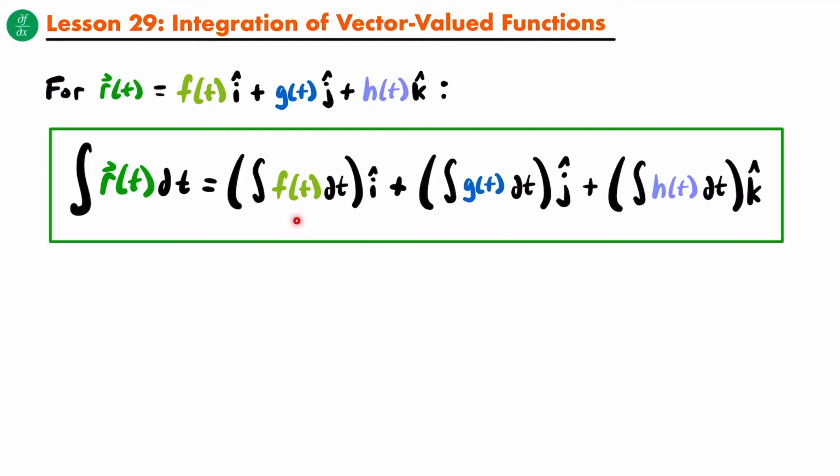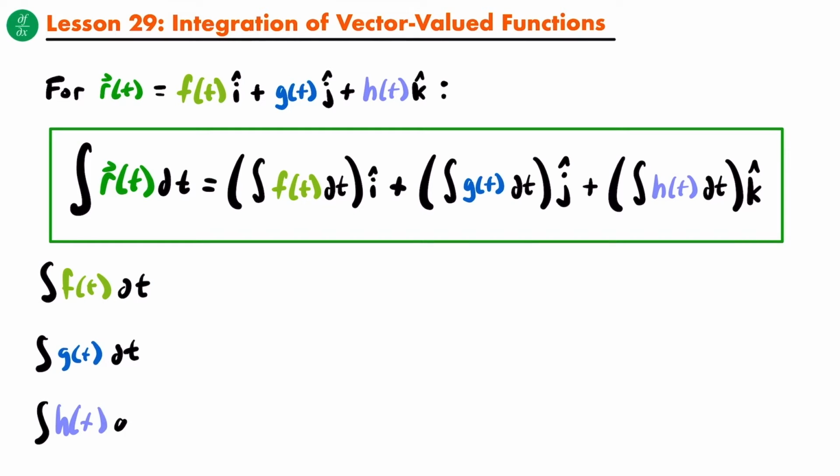If we were to look at each of these integrals individually, we would have the integral of f of t dt, the integral of g of t dt, and the integral of h of t dt. When we solve each of these indefinite integrals, here's what we will get.